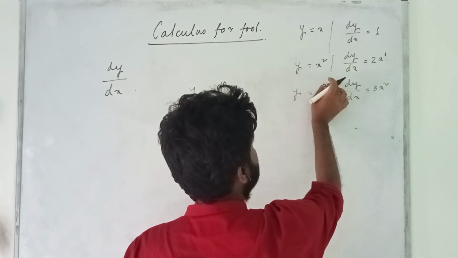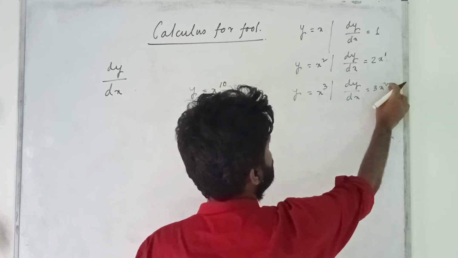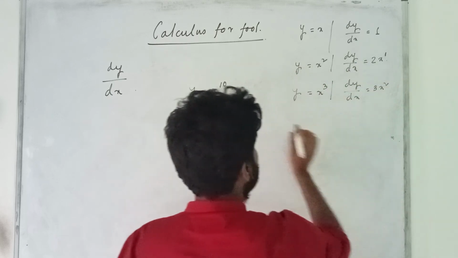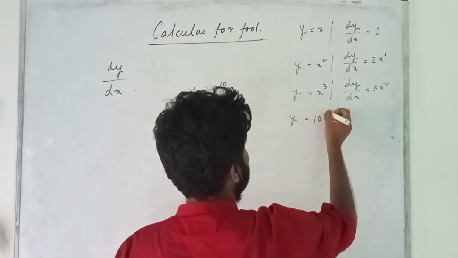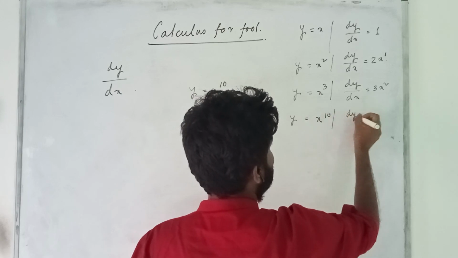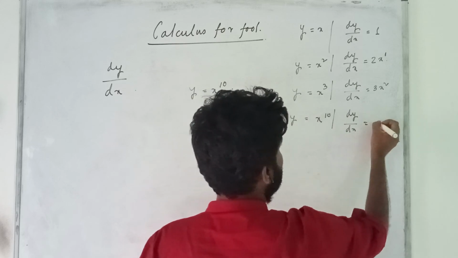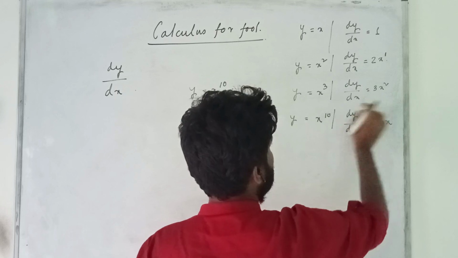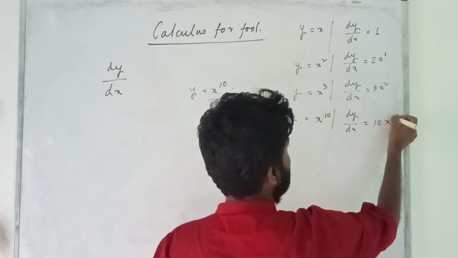And here the power of x is 3, 3 goes to the coefficient, and the power is 2, one step lesser than 3. So by intuition, if y equals x to the power 10, we can calculate dy over dx: 10 goes to the coefficient, then x, and the power is one step lesser than 10, that means 9.